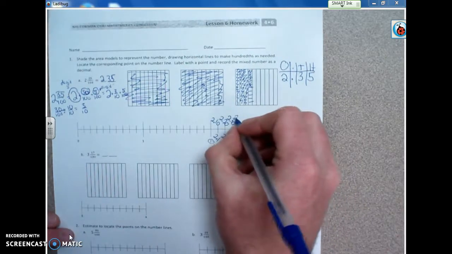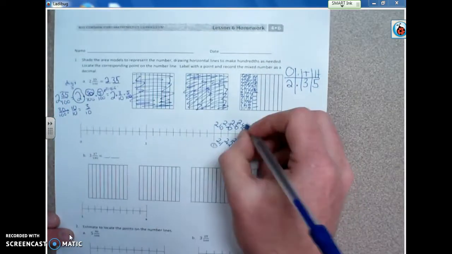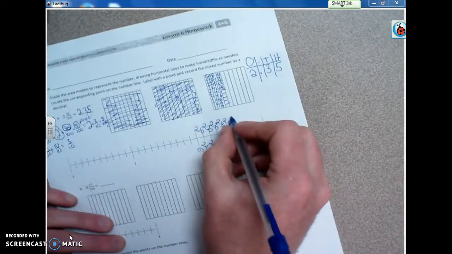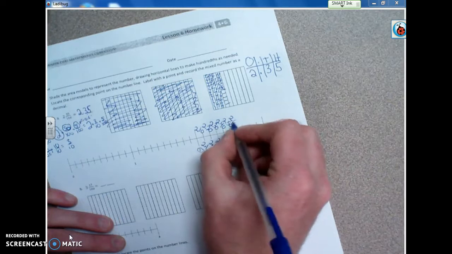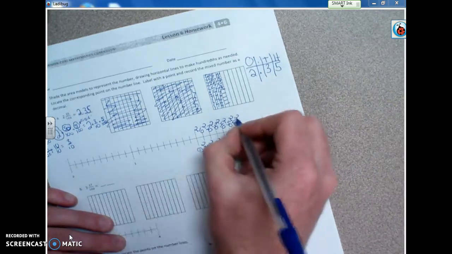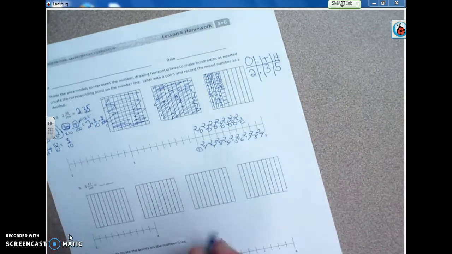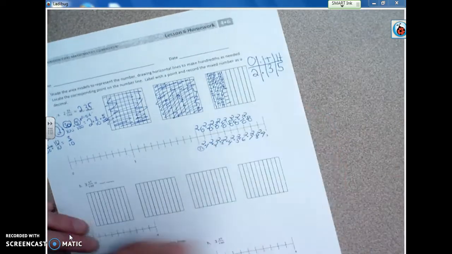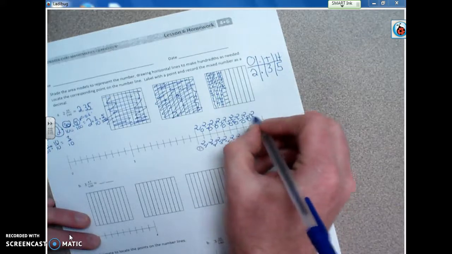Then 2 and 40 hundredths, 2 and 50 hundredths, 2 and 60 hundredths, 2 and 70 hundredths, 2 and 80 hundredths, 2 and 90 hundredths, and then 3 wholes.